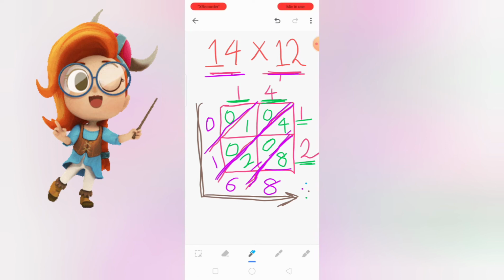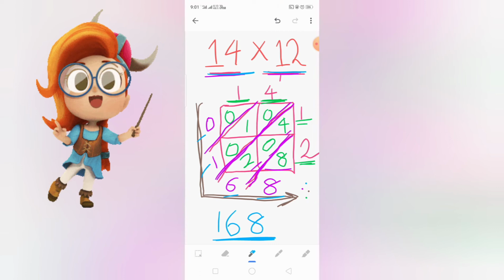What is this number? Here 0 is present, which means nothing. We don't write 0 on the left hand side. Then 1, 1. See here 6, 6. Here 8, 8. 168 is the product of 14 and 12.